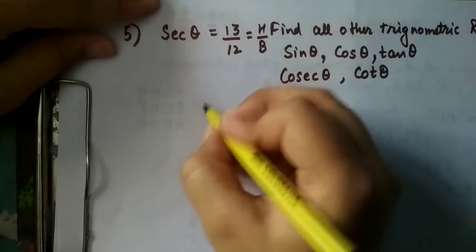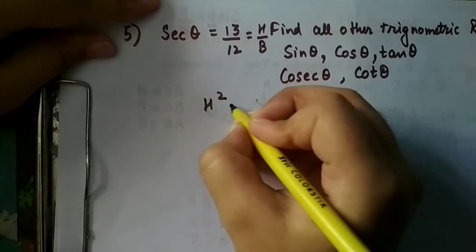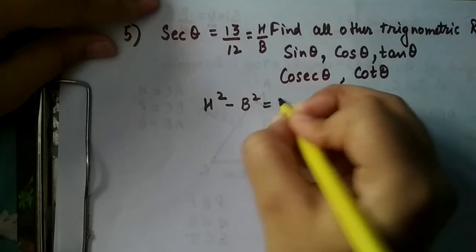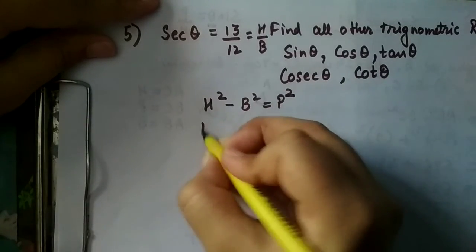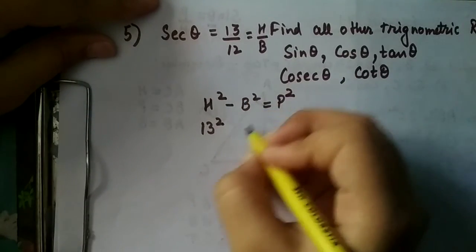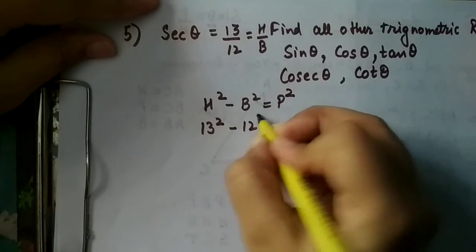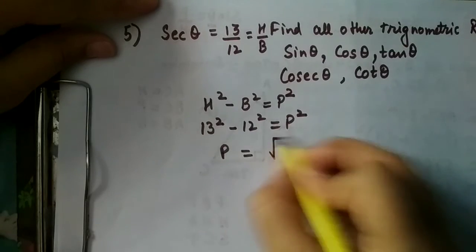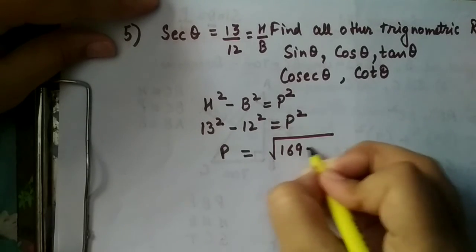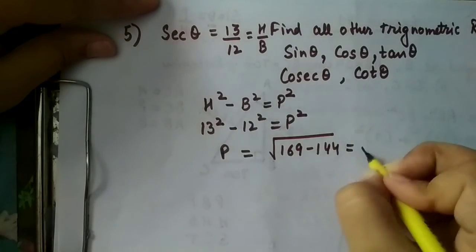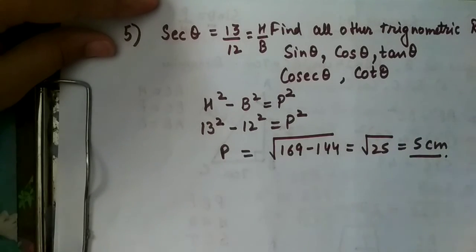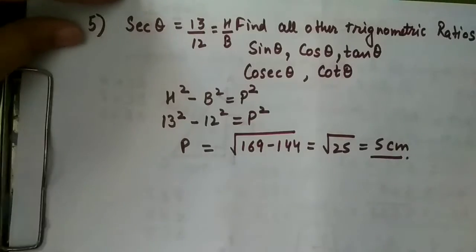So using Pythagoras theorem, hypotenuse square minus base square will be equal to perpendicular square. Hypotenuse square is 13 square and base is 12, so 12 square. So P is root 169 minus 144, that is root 25, that is 5 centimeters. So our length of perpendicular is 5 centimeter.